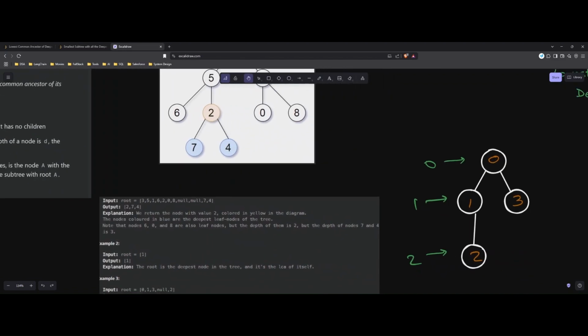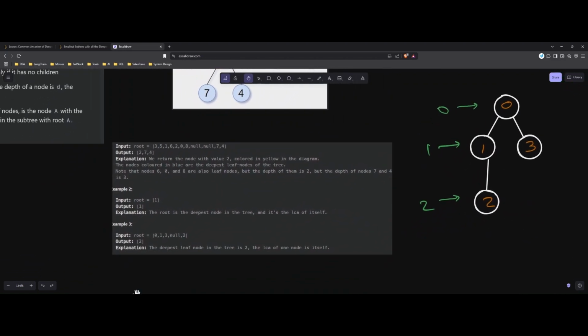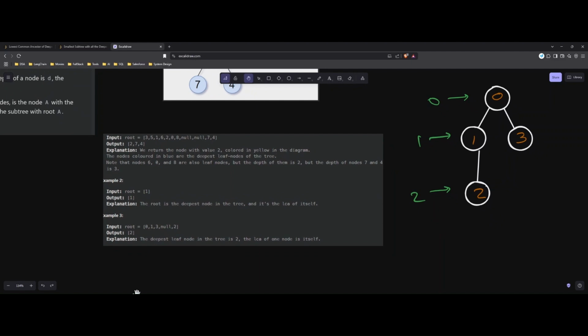So now let's take another example to understand it clearly. This example was very confusing for a lot of people. Before we talk about the third one, let's talk about the second one. What the second one is saying is, when we have only one element, can this be the root or the deepest node?